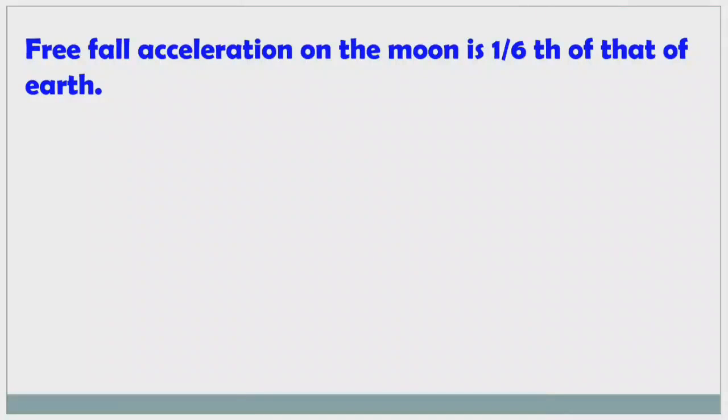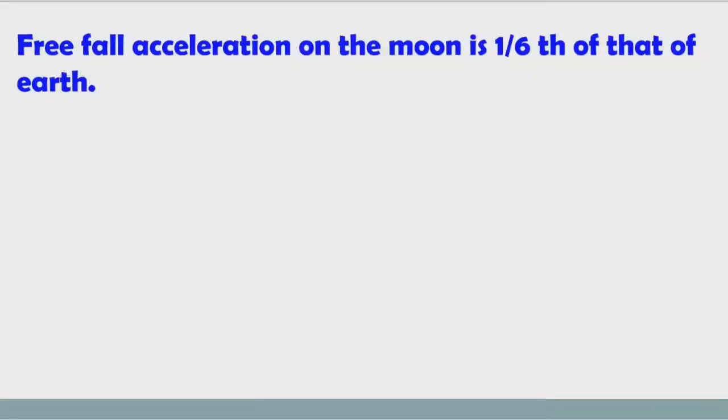Similarly, weight also. Weight is nothing but the gravitational force of the earth on the object. The weight of an object on the moon is 1 by 6th of the weight of the object on the earth. For example, if your weight is 30 kilograms on the earth, then your weight is 1 by 6 into 30, that is equal to 5 kilograms on the moon.